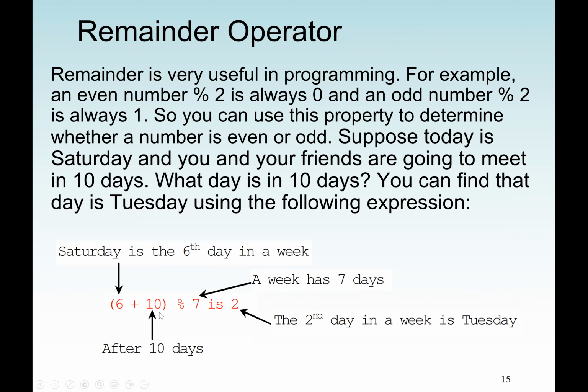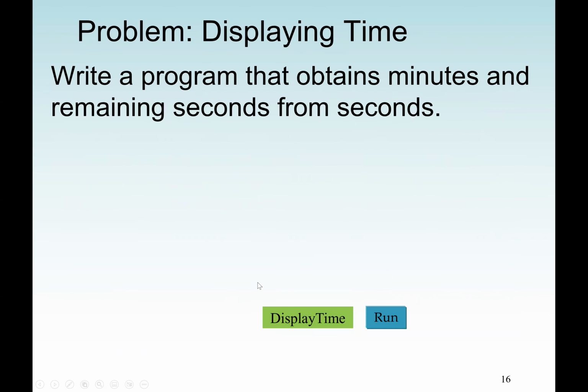Because if I divide 16 by 7, the answer will be 2, and the remainder will be 2, because 2 times 7 is 14, and 14 from 16 is 2. So again, in Java, the precedence for arithmetic operations, parentheses first, exponents, multiplication, division, addition, subtraction, is the same.